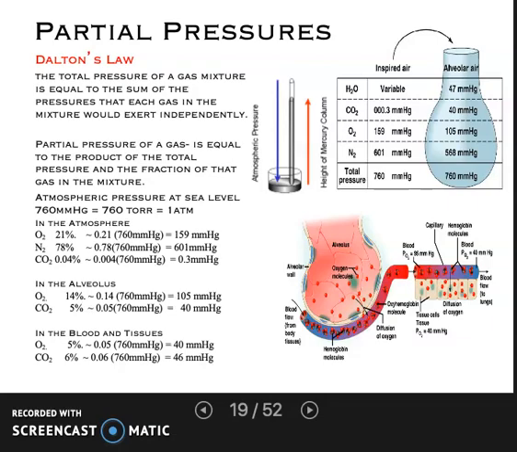So in order to calculate a partial pressure, one of the things we have to take into consideration is what we call atmospheric pressure. And if you see here, there's a little diagram, and this is what we call a mercury barometer. And these things work pretty simply.